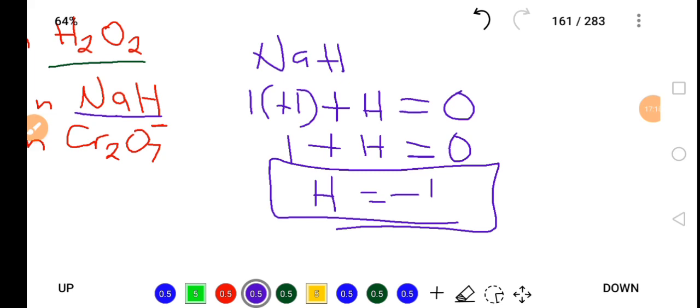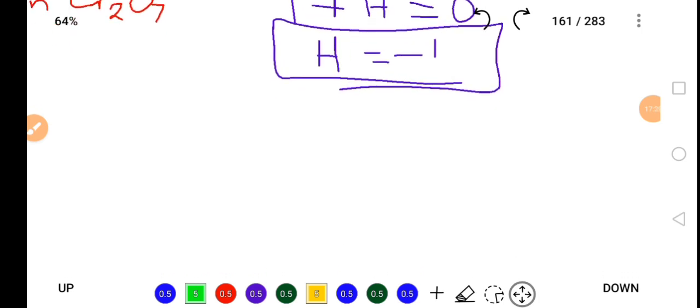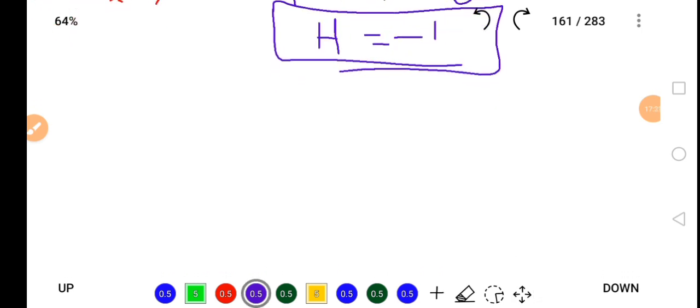For example, let me also look at a compound where the hydrogen is going to be positive 1. We can look at this compound, water. Let us look for the oxidation number of hydrogen.